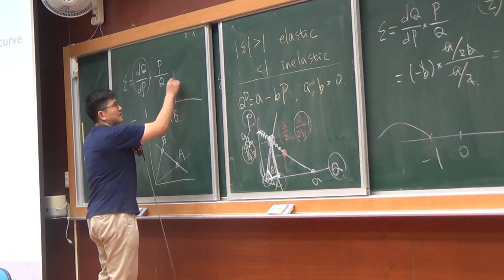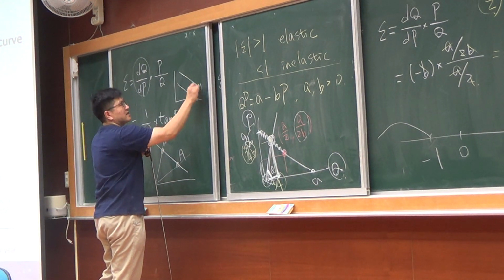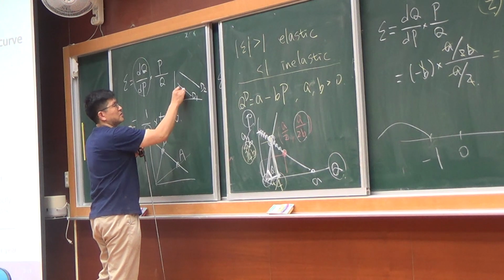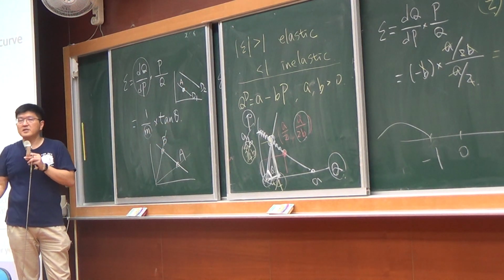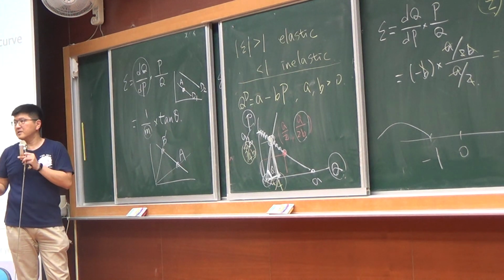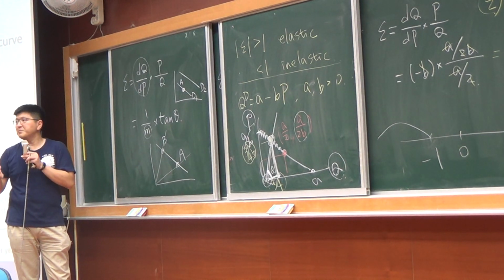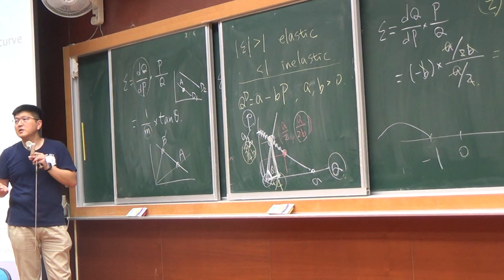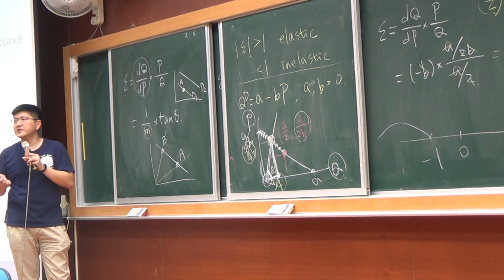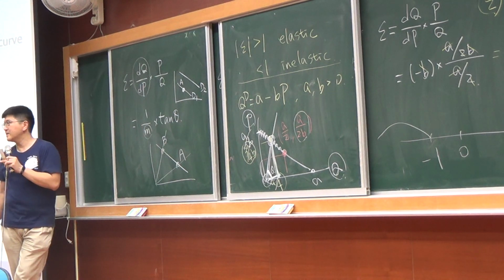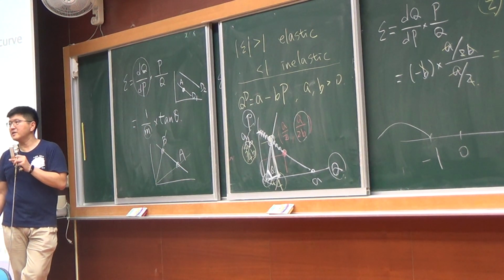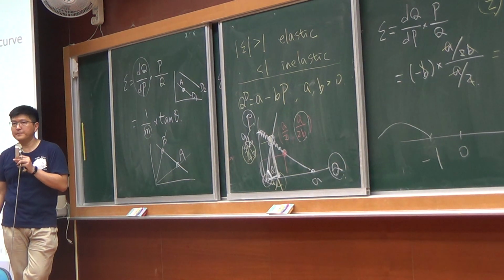And what do you think if I have D1 and D2? So this is point A. Would you please find a point B on the curve D2 which shares the same elasticity with point A? How can we do that?